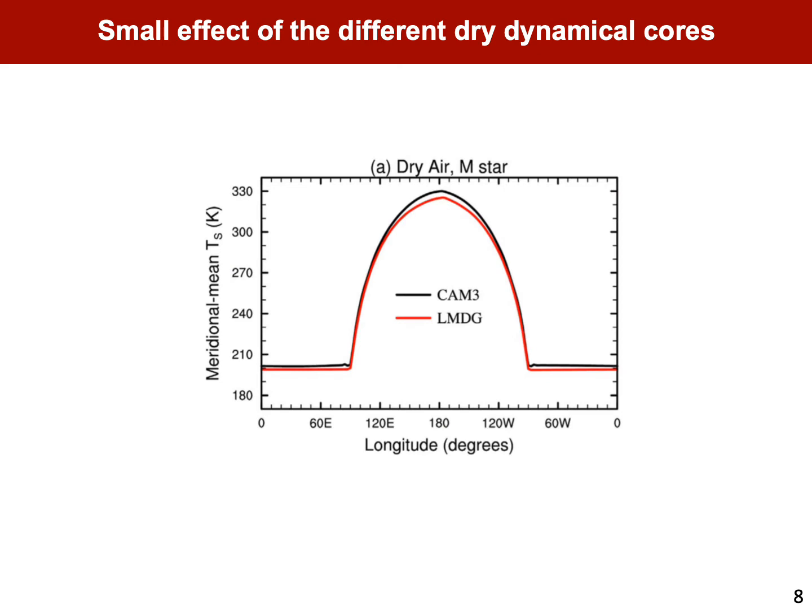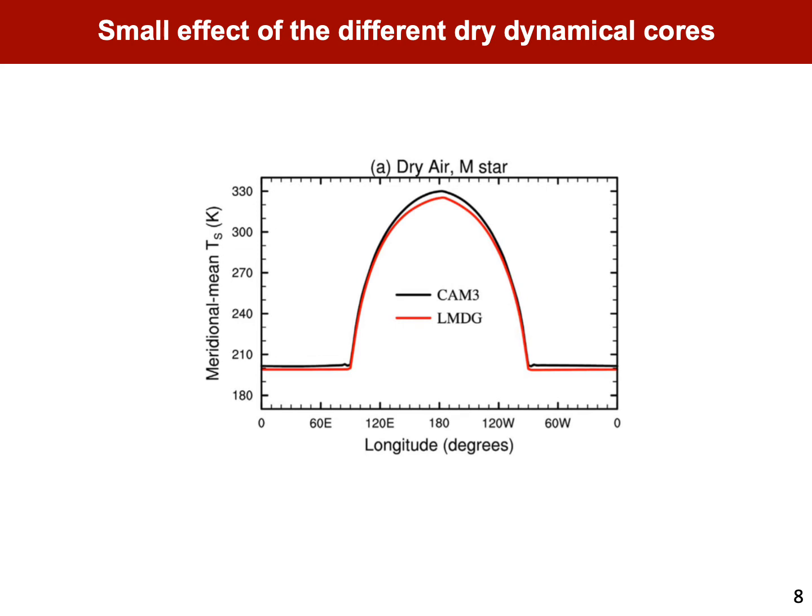First, we do 2 dry dynamical experiments. In this simulation, there is no water vapor or clouds. This figure shows the meridional mean surface temperature as a function of longitude. This is for tidally locked rocky planets.